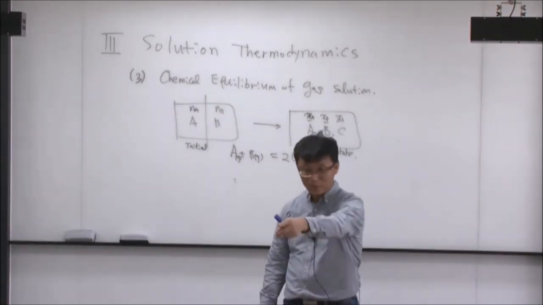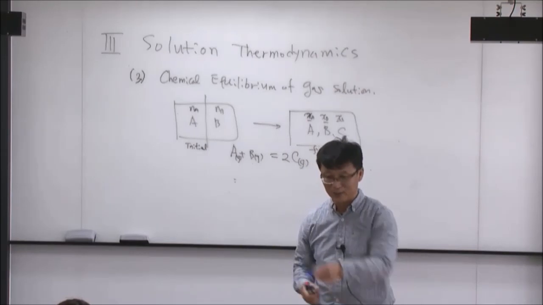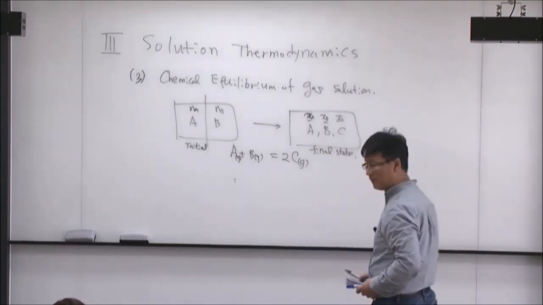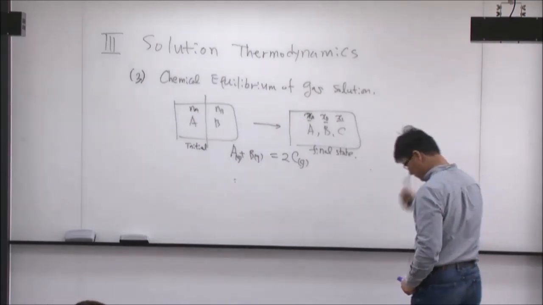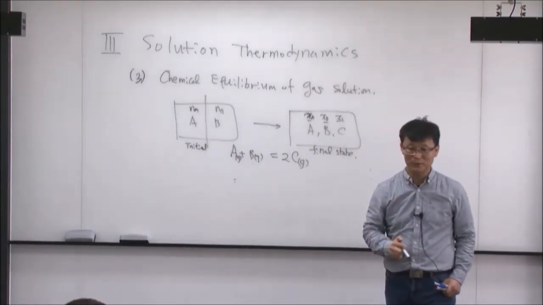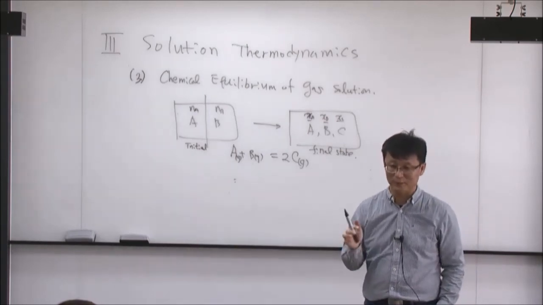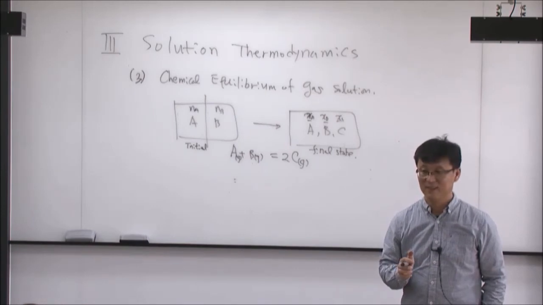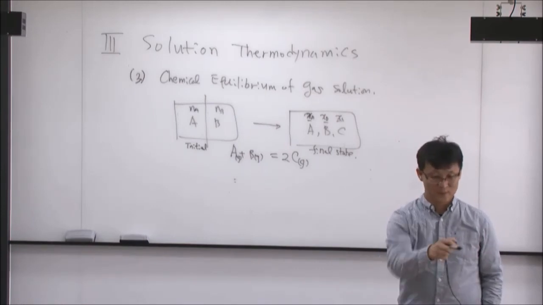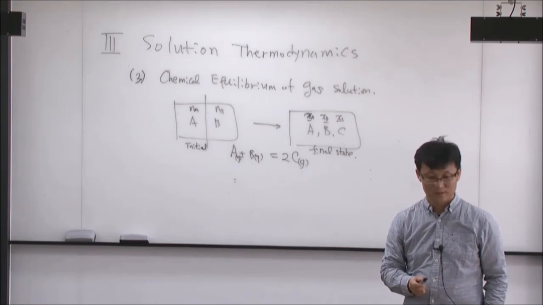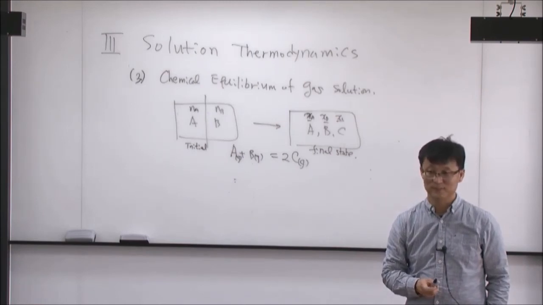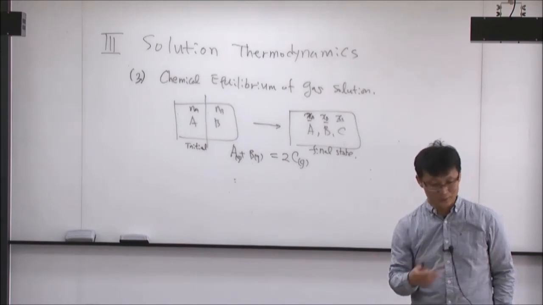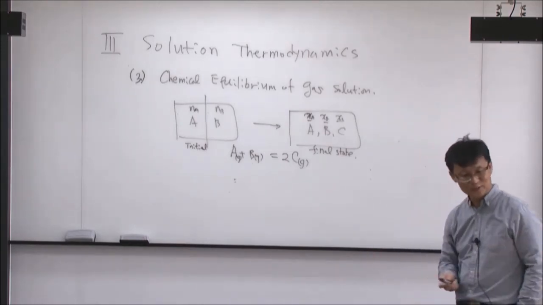Why do you think there will be A and B remaining, for example? Because of entropy? That's a very vague answer, actually. Anyone else? There is a Gibbs energy of mixing. Why? I mean, there's Gibbs energy of mixing, but why does that actually change the result?